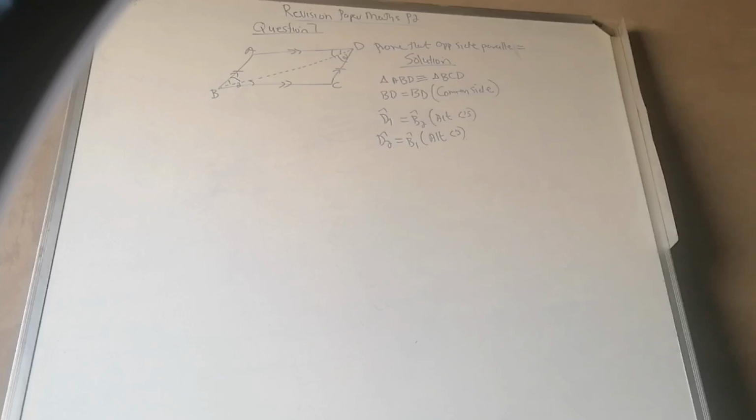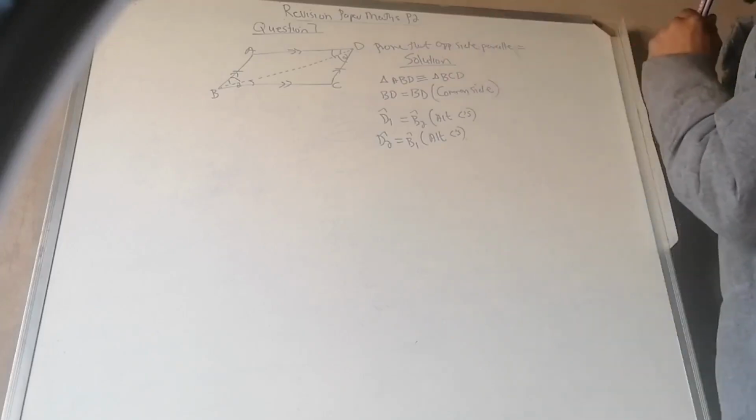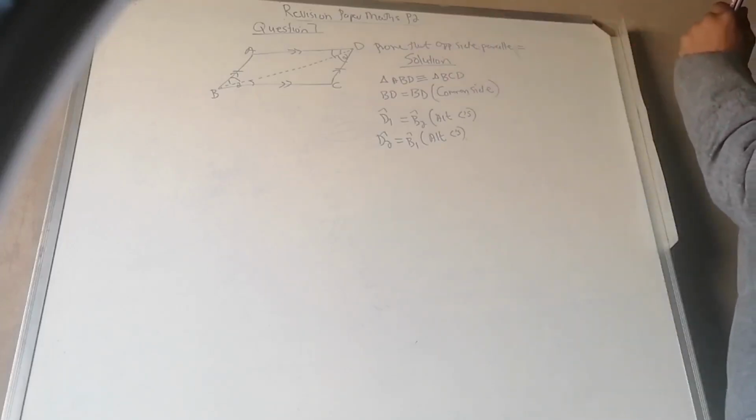Is it true? Is it true? That's my question. By just looking at the construction here, D1 equals B2 and D2 equals B1. Is it true? Yes, that has to be true. Again, they are alternating angles.